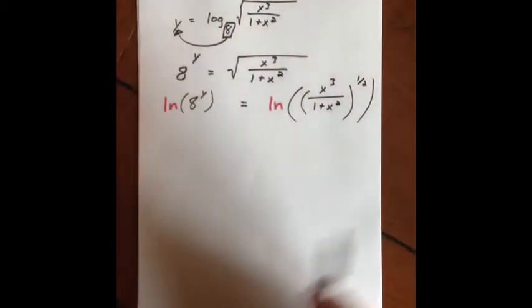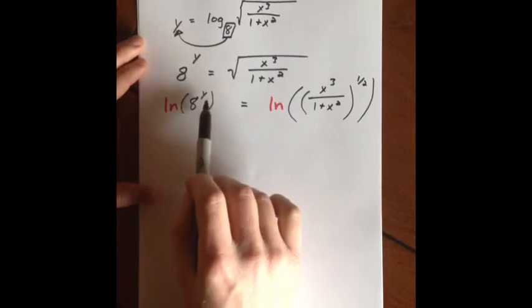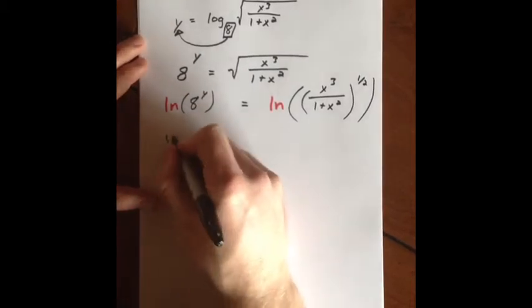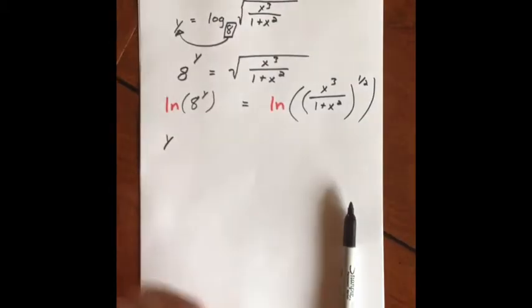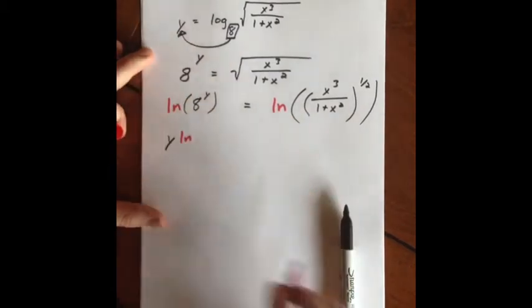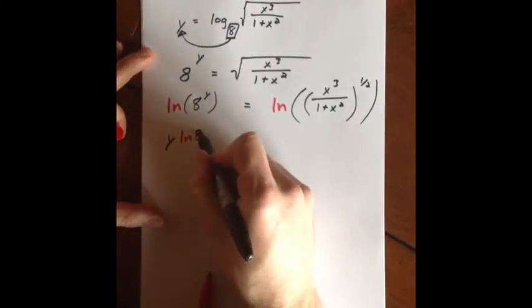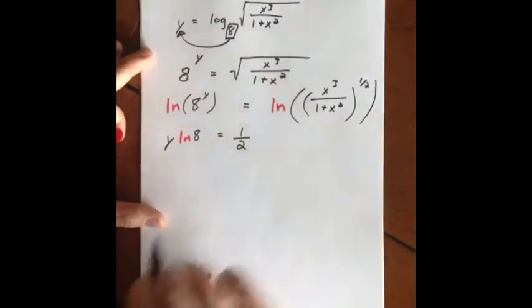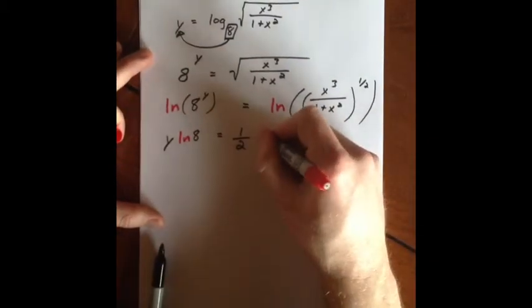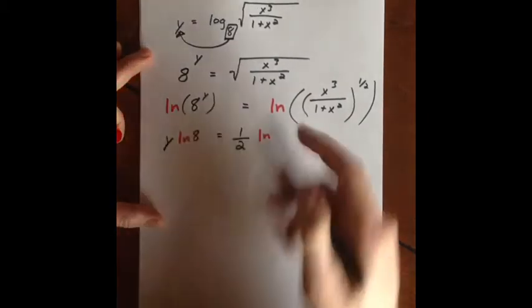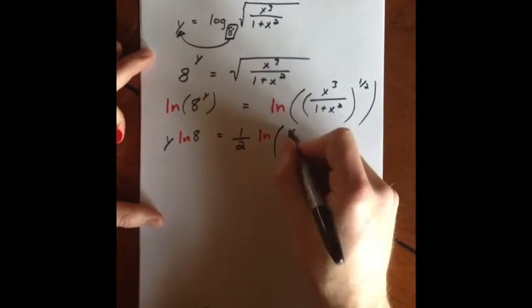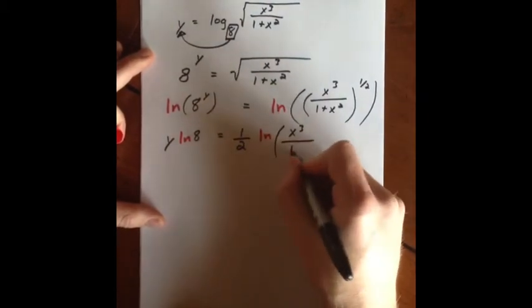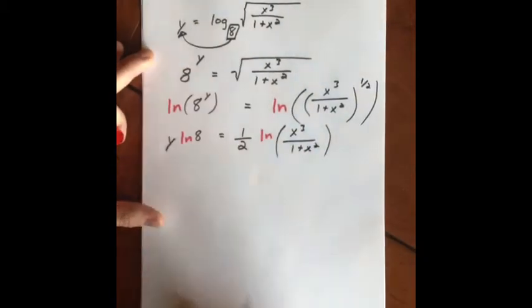So actually each side you get to use a property of logarithms. The left side is y natural log 8. The right side is 1/2 natural log of x cubed over 1 plus x squared.